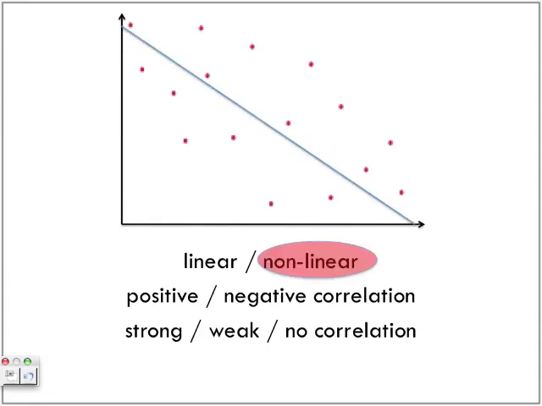Next one, linear, nonlinear? Nonlinear. Positive, negative correlation? Negative correlation, going down. Strong, weak, no correlation? Weak correlation. It's a weak correlation because, yes, as the independent variable is increasing we are seeing a decrease in the dependent variable, but it's not as drastic.